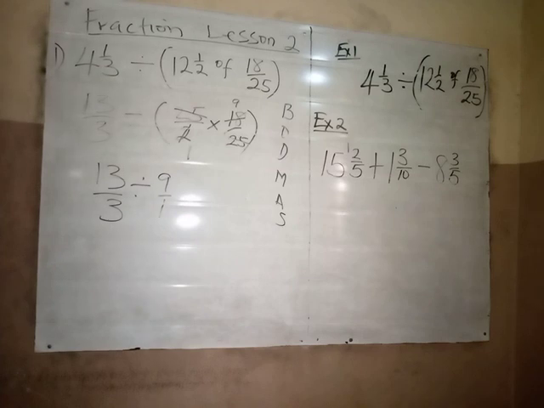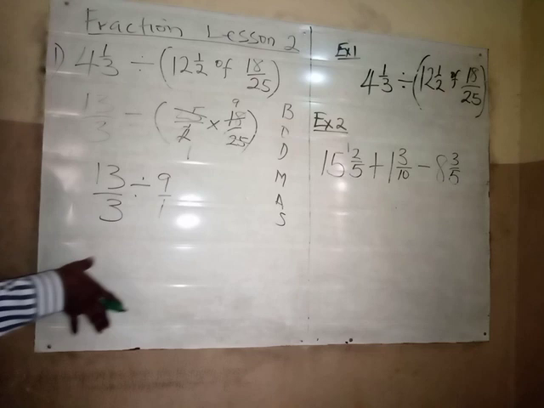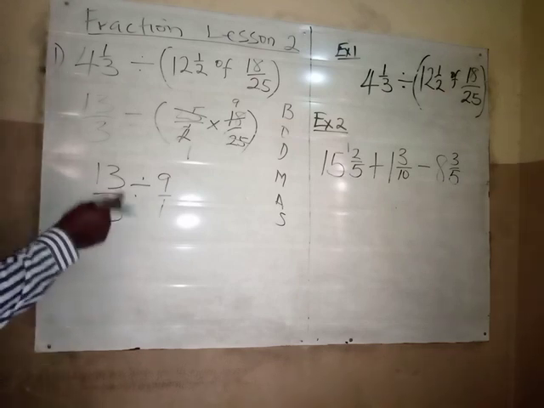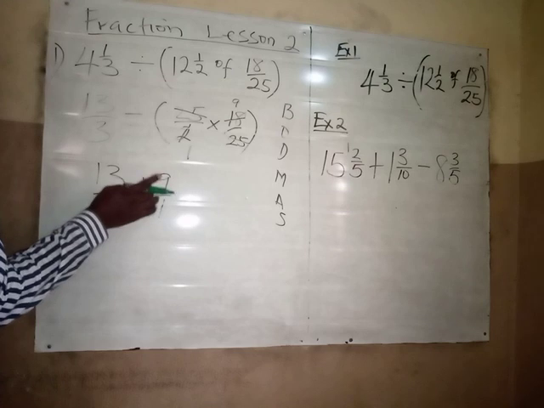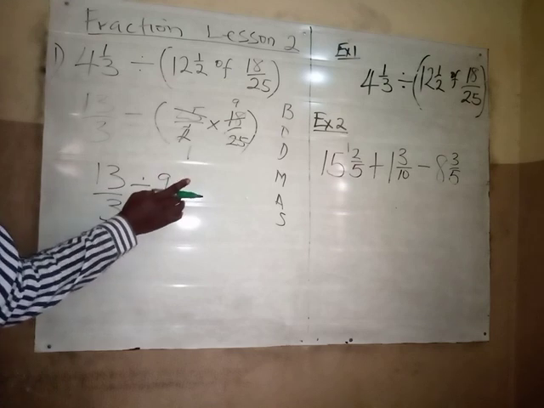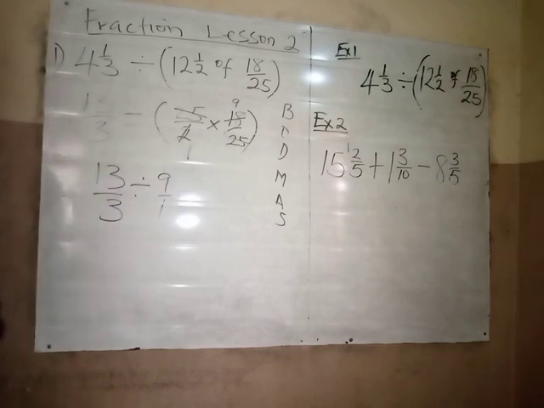You know, when you have fractions being divided by fractions, the division sign changes to multiplication. When you change to multiplication, the last fraction will be reciprocated. The 1 will go up and the 9 will come down.